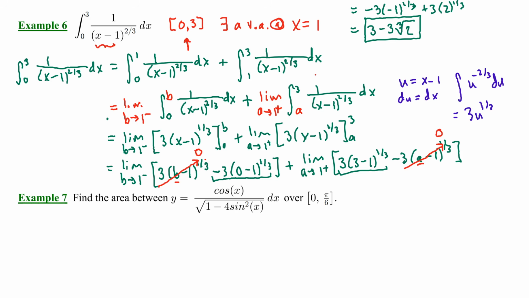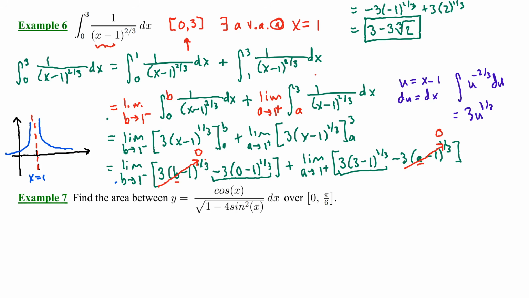These improper integrals, again, can sneak up on you. It helps sometimes to examine the graph really to know exactly what's going on. In this case, we would have had a vertical asymptote at 1. So in this case, the graph does something like this around that asymptote at 1.